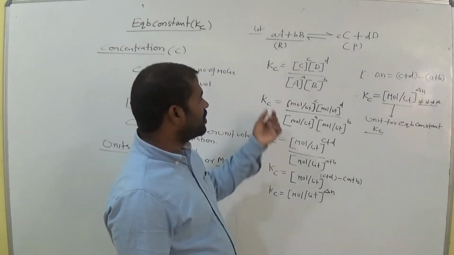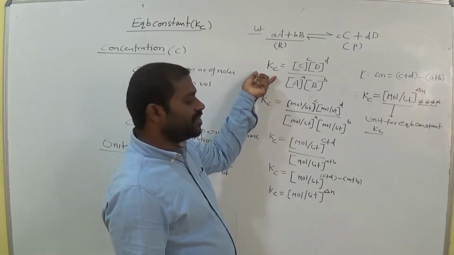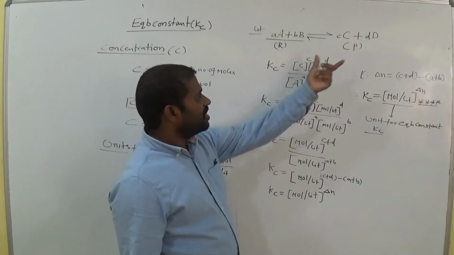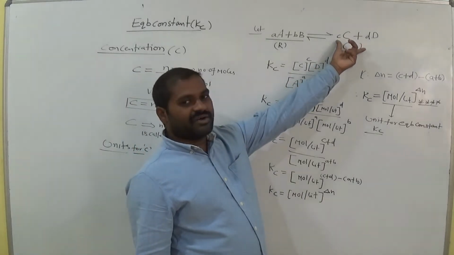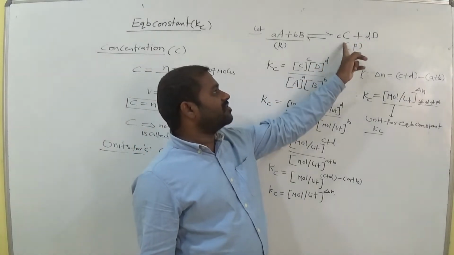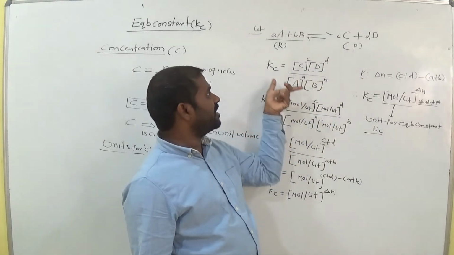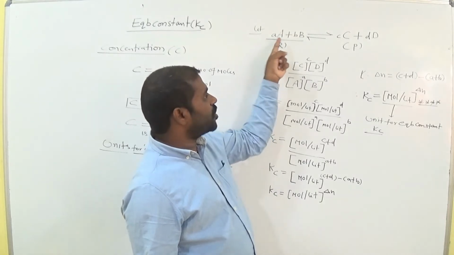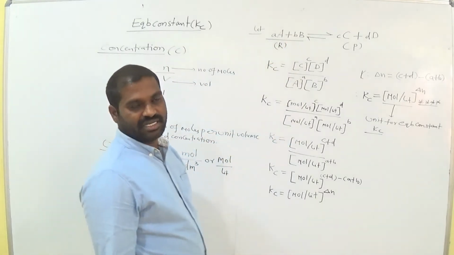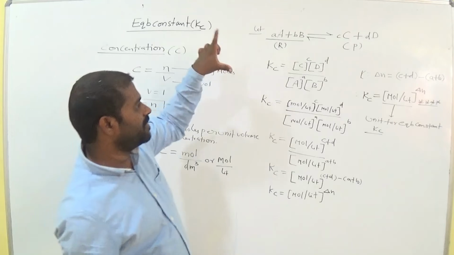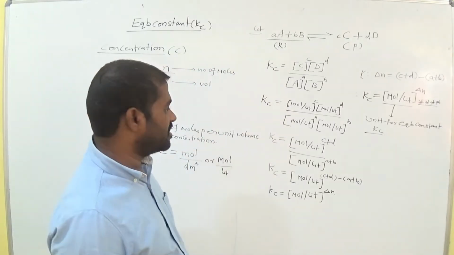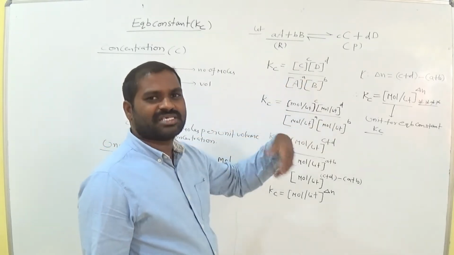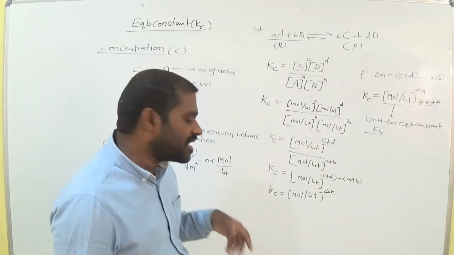Clear? So now how can we write the equilibrium constant expression for the given equation? The molar concentrations of products with their stoichiometric coefficients as powers, divided by the molar concentrations of reactants with their stoichiometric coefficients as powers. This is the expression for the equilibrium constant for the given reversible reaction. These terms are called concentration terms. Now what are the units for concentrations?